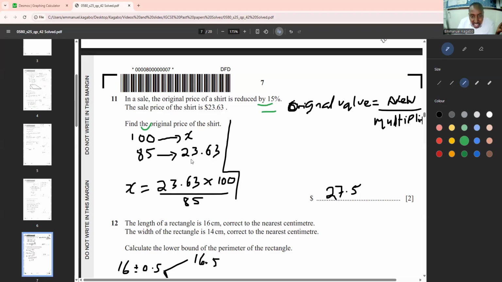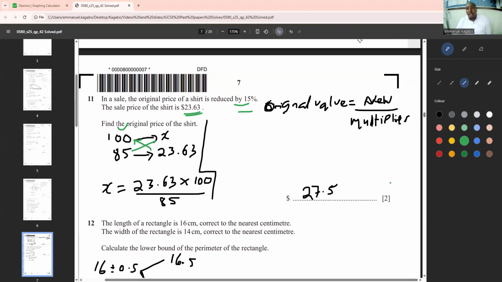And 85% is equivalent to this. So what will be the cost of the original price? So cross multiply, this gives me that, and now you divide by 85. Or you can simply go with the formula if you want.